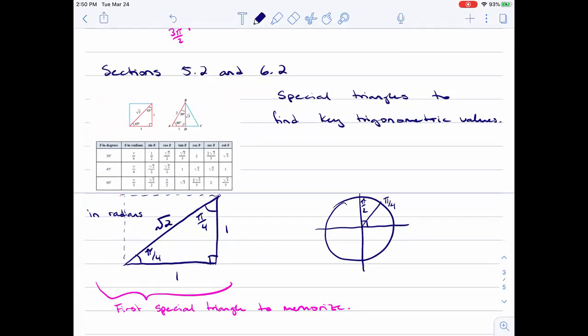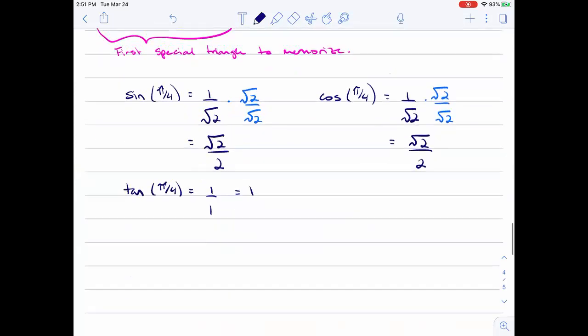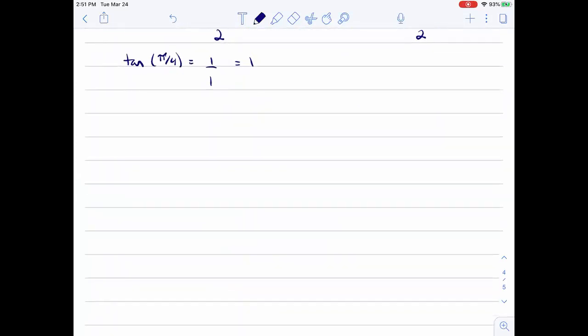So the other triangle that we have is going to let us cover 30 degrees and 60 degrees, but first let's convert that to radians. So in radians, it makes up half of this kind of a triangle.